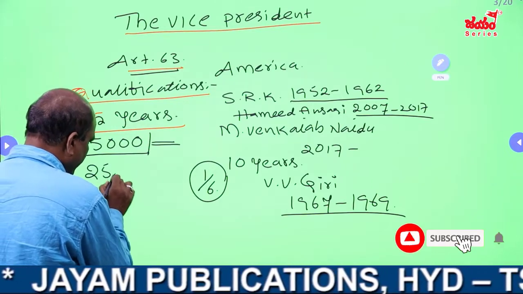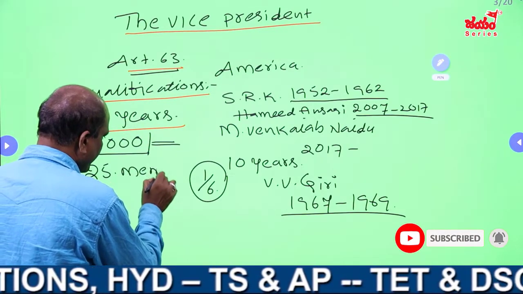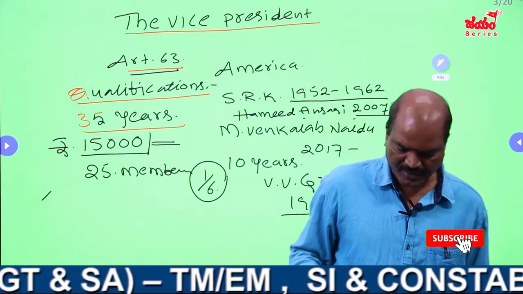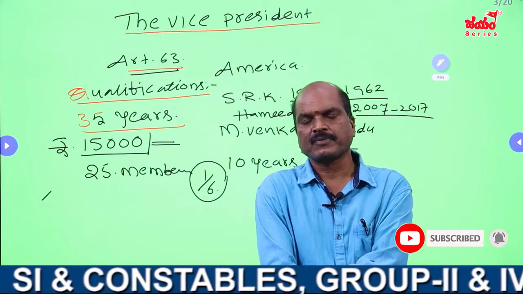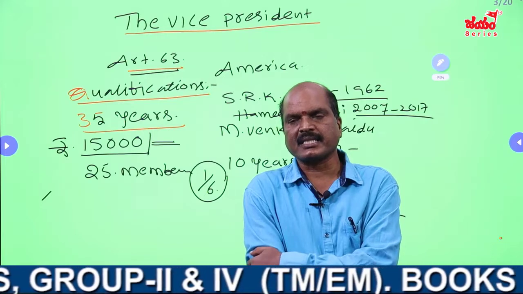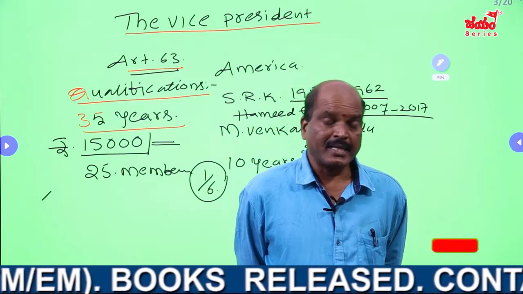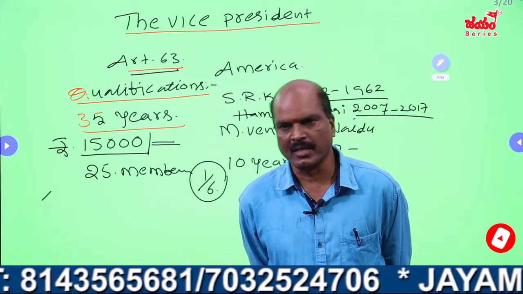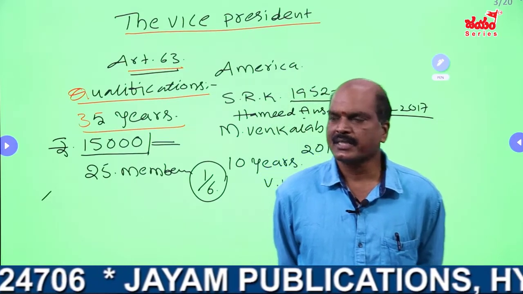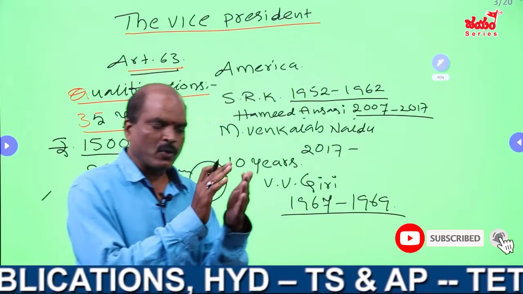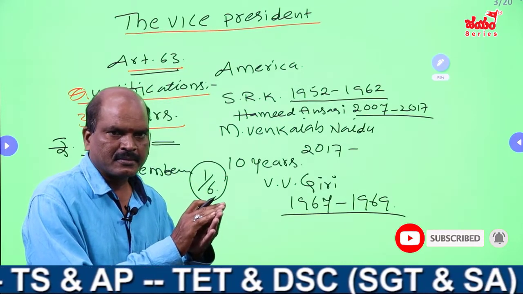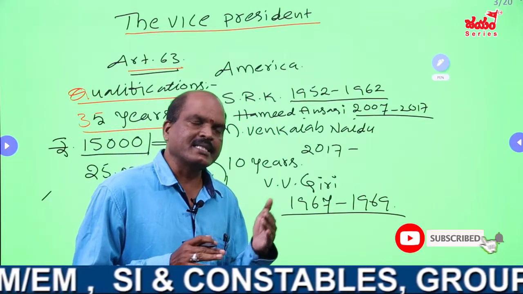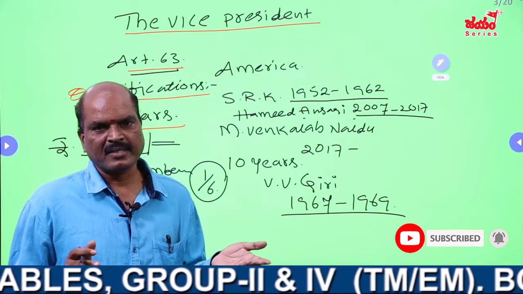Any 25 members support the contesting candidate name, and another any 25 members of the Vice President Electoral College propose the candidate name. Number of members 25.